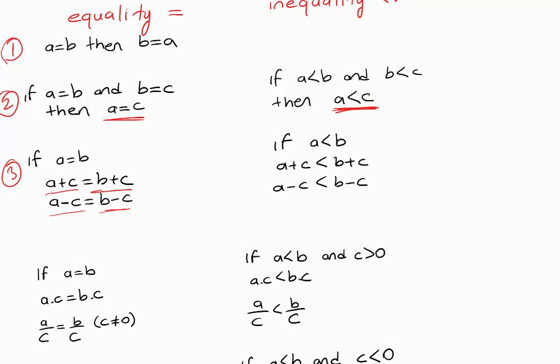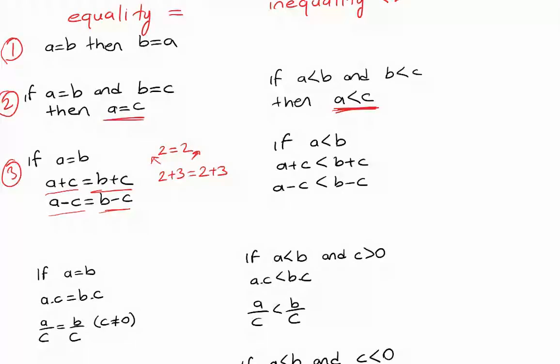Let me give an example with numbers so we can understand. Like if we know 2 equals 2, and then on both sides I add 3, okay, so nothing changes. Equality is still equal.